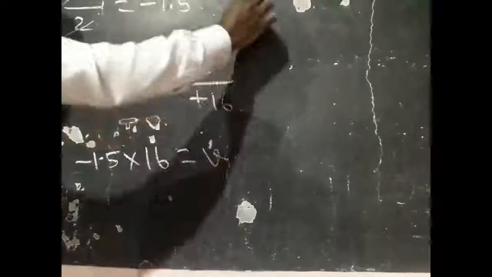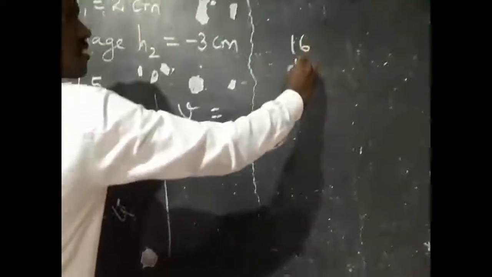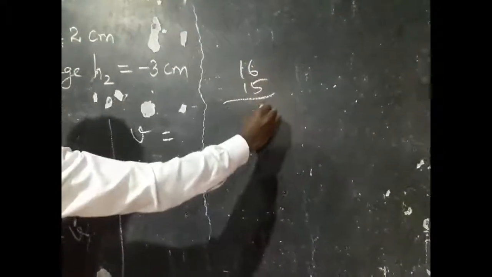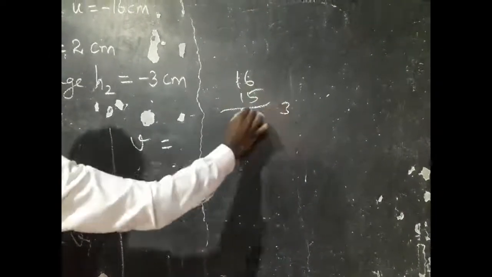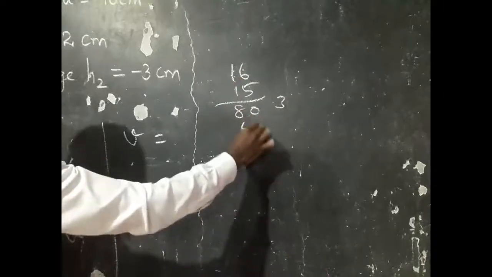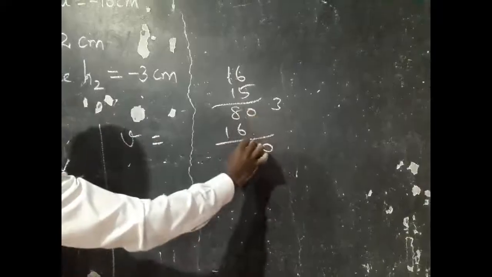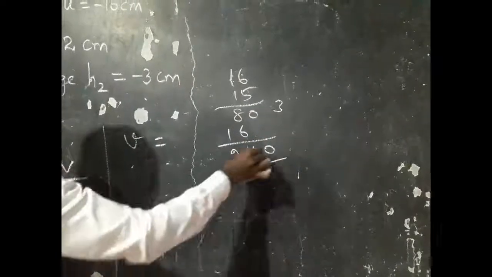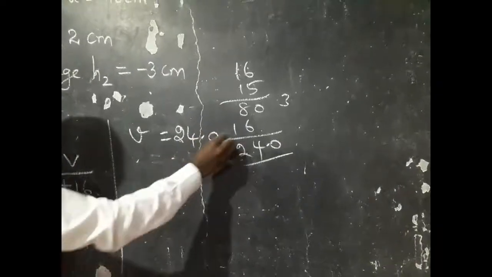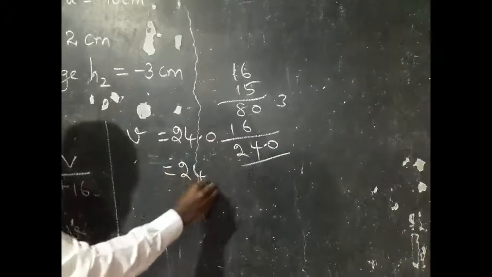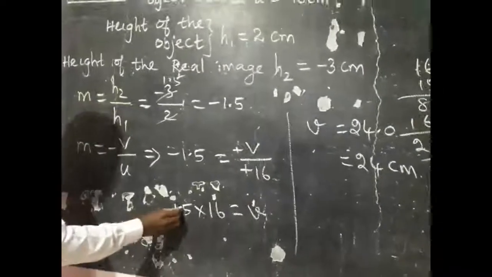So we have to find out this value. 16 times 15 gives 240, so 24.0 centimeter, and we have to write 24 centimeter, and here minus 1.5 into 16.